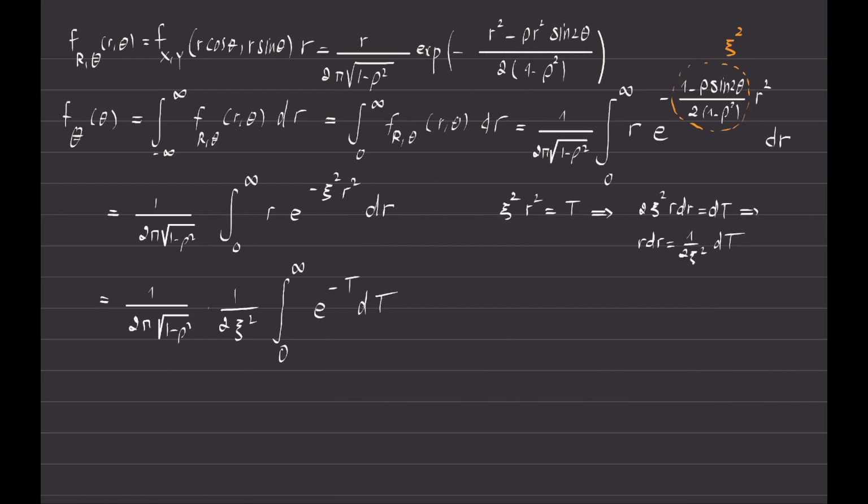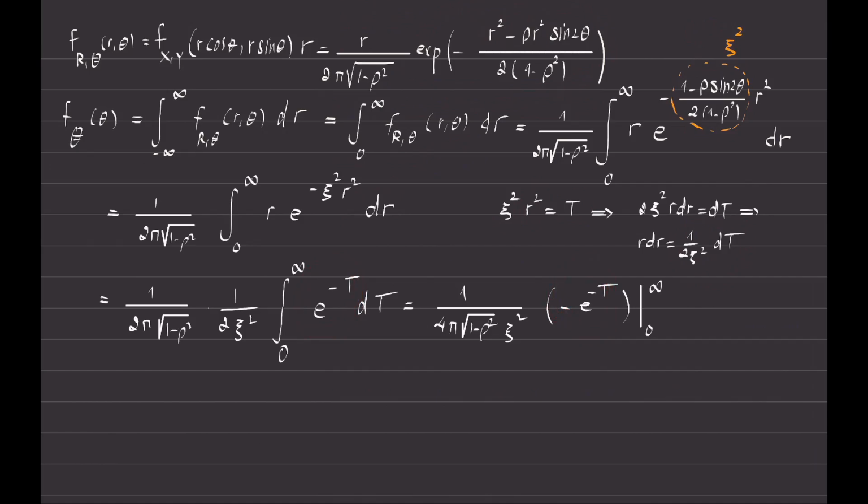Okay, but that's very simple. So this becomes 1 over, I multiply 2 by 2, so it becomes 4 pi square root of 1 minus rho squared, and then I have c squared, and then this becomes minus e to the power of minus t, because that is the primitive function for this function, and then I have to go from 0 to infinity, but that simply becomes 1.